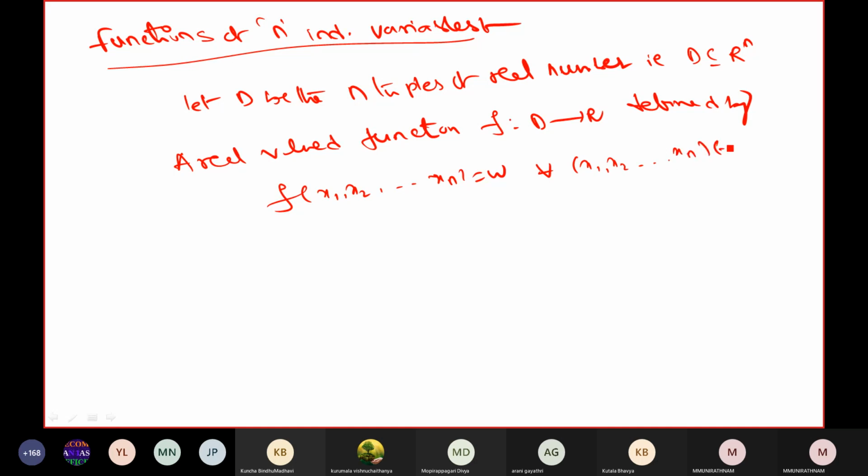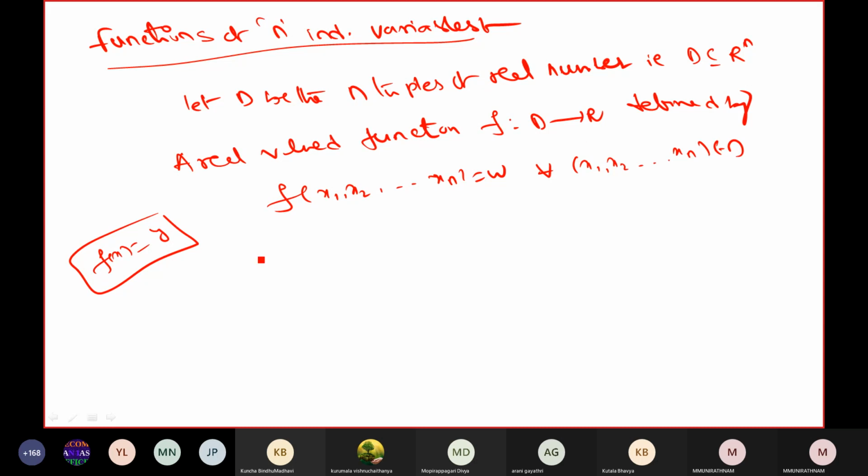In general, for a single variable we write the function f of x equal to y. Here also we would like to write the same, but for all n-tuples it assigns a single real number. So f of x1, x2 and so on xn equals w, where w is a real number.